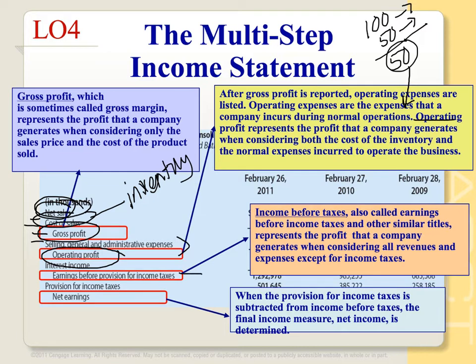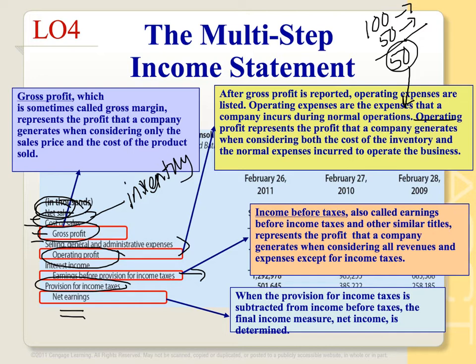Then you show a line item, earnings before provisions for income taxes. Then you show the provision for the income taxes. And ultimately, you end up with net earnings, just like we did on the single step income statement, which is what you have prepared before this.